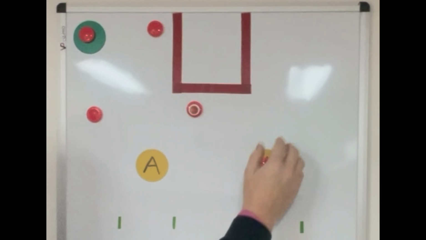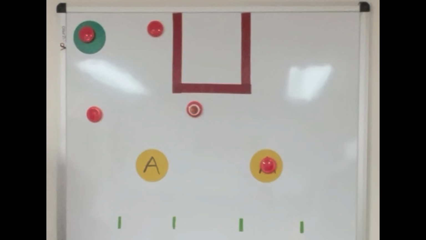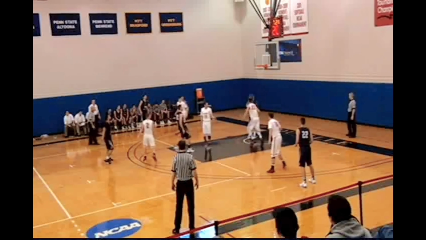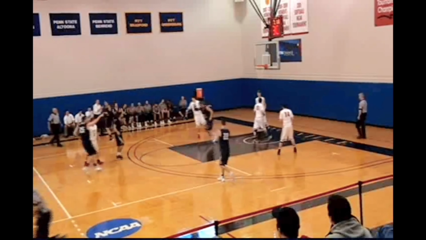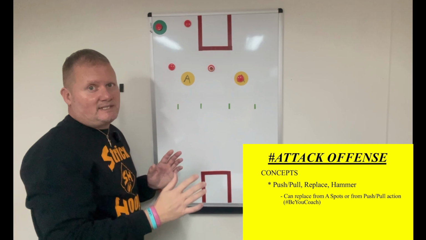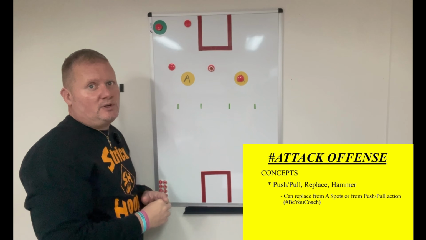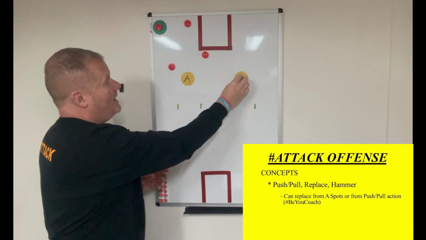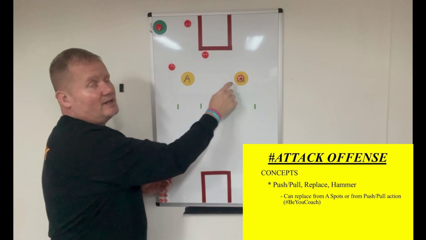Players on the back side get pulled to the replace. Push-pull, the replace is a little bit easier to get to, where people know where they need to be and who's replacing the action. Because again, when you throw the ball back to where it came from, that's very hard to defend.